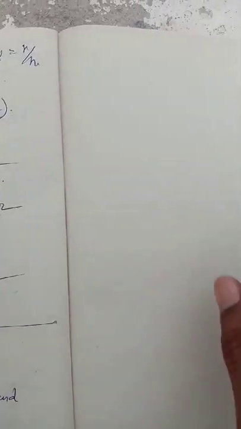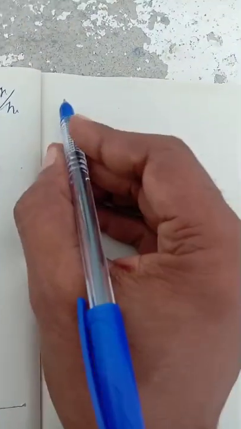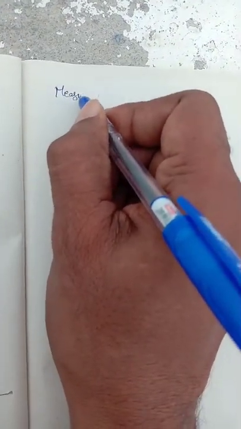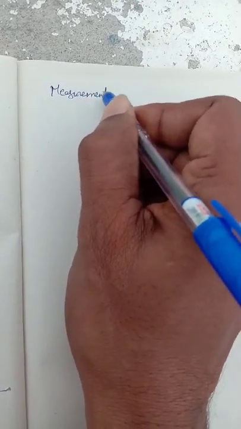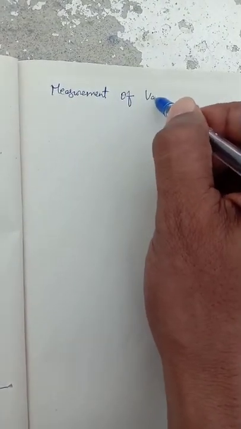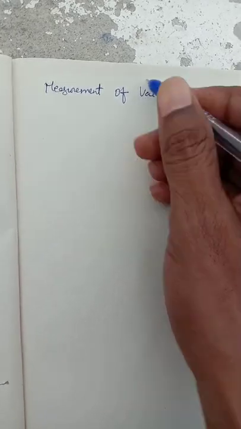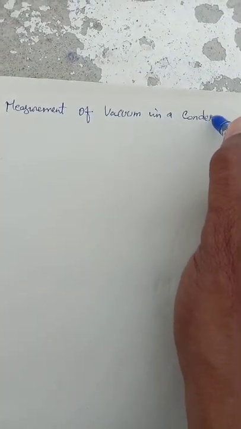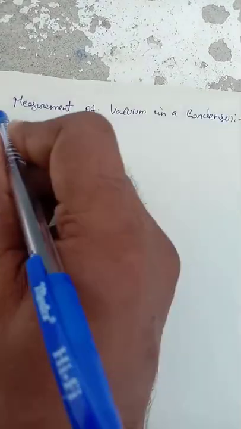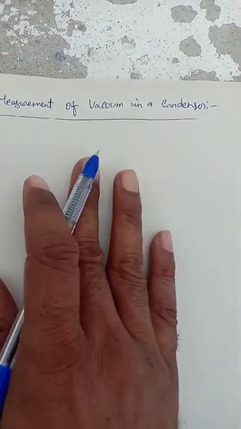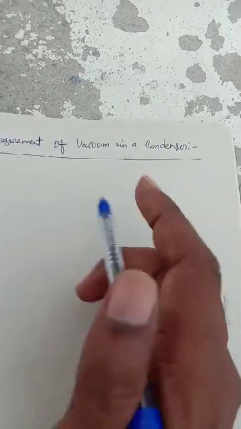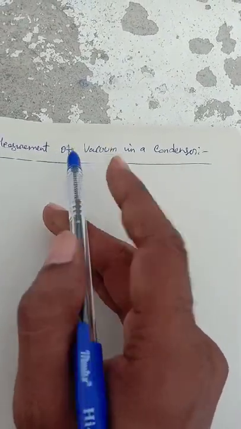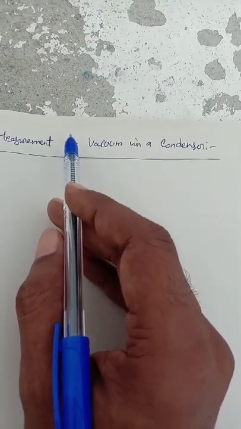Now we are going to see the measurement of vacuum in the condenser. The vacuum in general may be defined as the difference between the atmospheric pressure and absolute pressure.